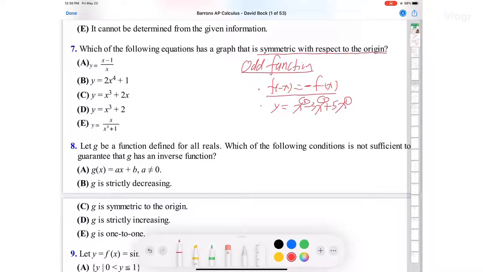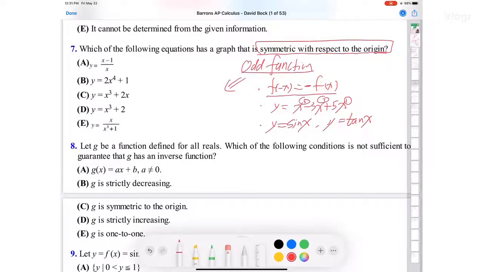That's why every odd-powered polynomial is an odd function. In trigonometry, y equals sine x and y equals tangent x are odd functions. The graph of an odd function is symmetric with respect to the origin. So this phrase, symmetric with respect to the origin, exactly explains the graphical meaning of odd functions.